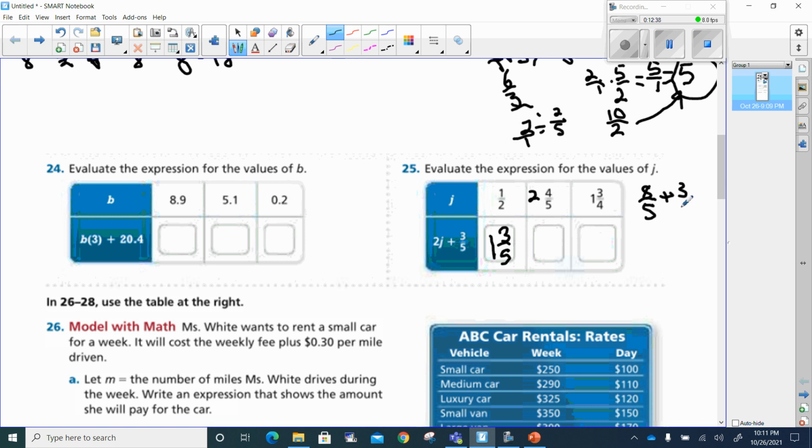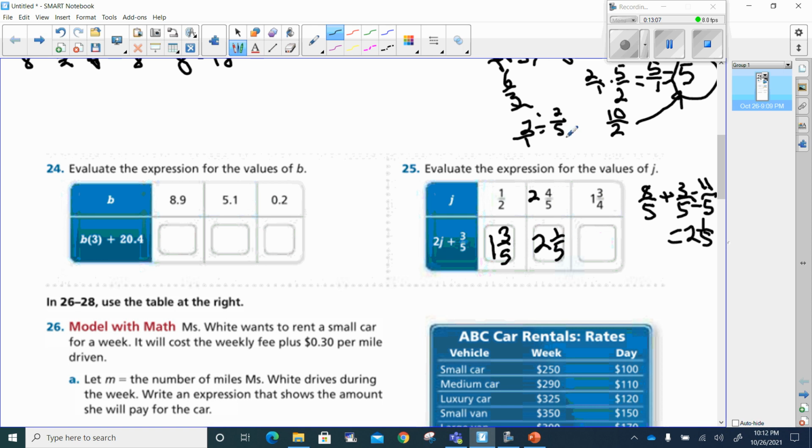My denominator is the same, so I can go ahead and add the numerators. 8 plus 3 is 11. This would be 11 over 5. Which we know is 2 1/5. We know this because 5 goes into 11 2 times with 1 left over. So this would be 2 1/5.